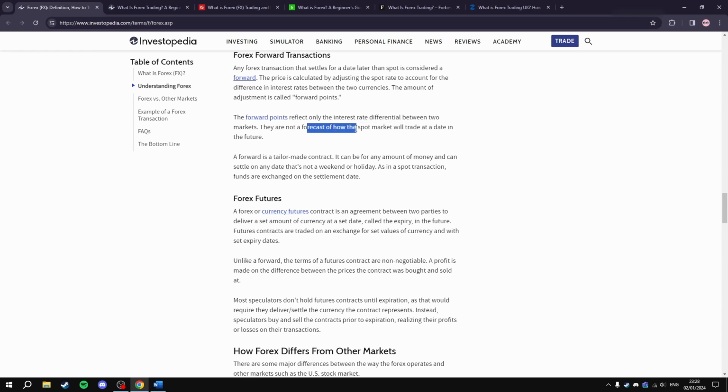They're not a forecast of how the spot market will trade at a date in the future. A forward is a tailor-made contract.